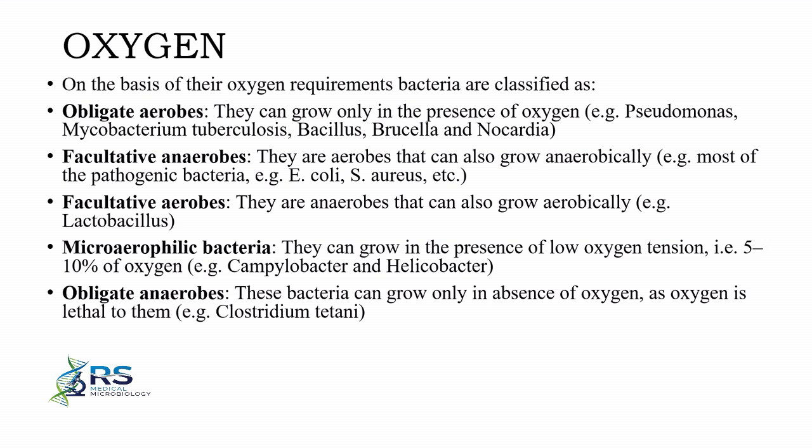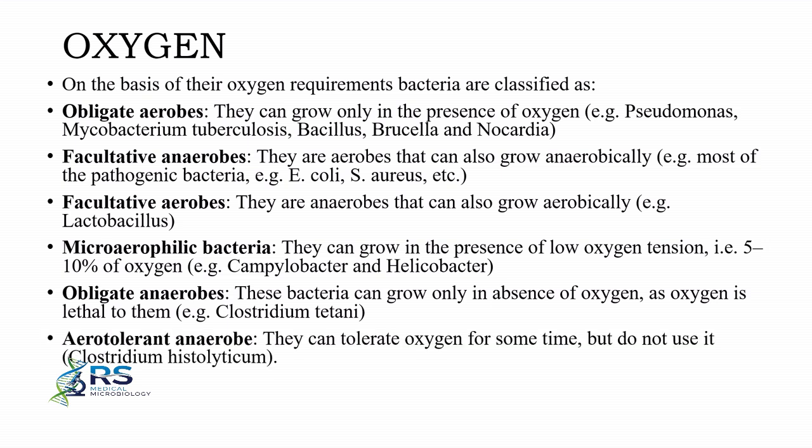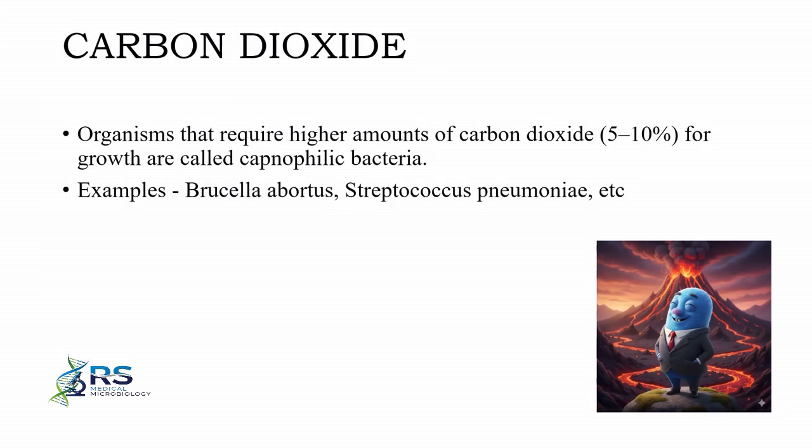Then you have the obligate anaerobes, which don't want any kind of oxygen, and the presence of oxygen can be lethal to them. Finally, you have the aerotolerant anaerobes, which can tolerate oxygen for some time, but they do not use it for their routine multiplication.